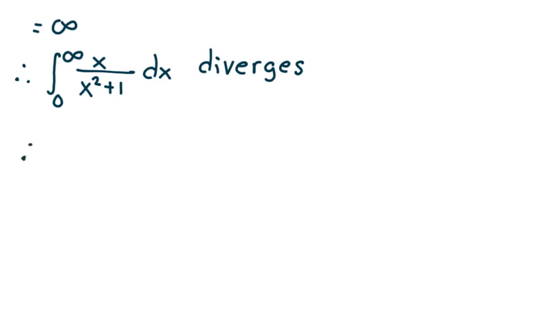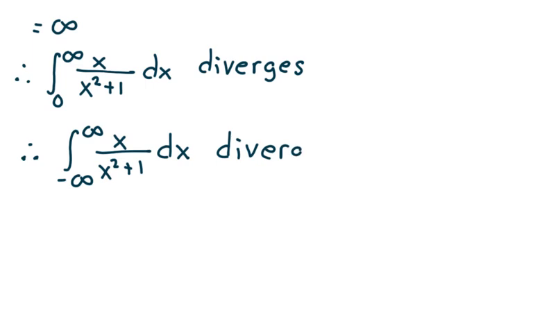And so therefore, the integral from negative infinity to infinity of x over x squared plus 1 dx diverges. So example 5 is really interesting. And that'll do it for this video. We did 5 examples of the improper integral, and I will make another video where we will do different examples. So, okay, thank you.